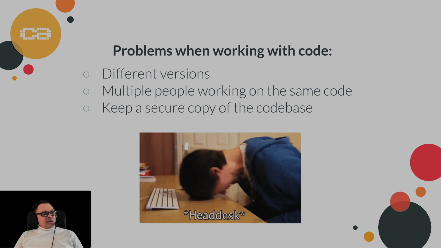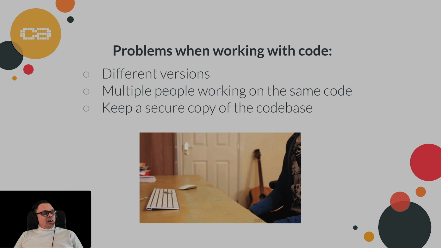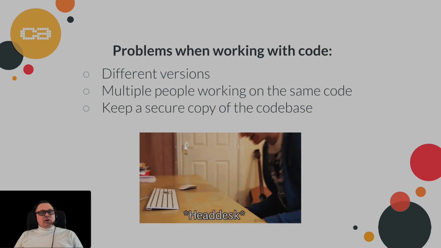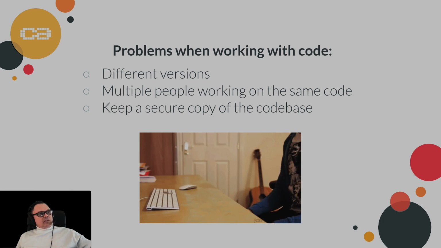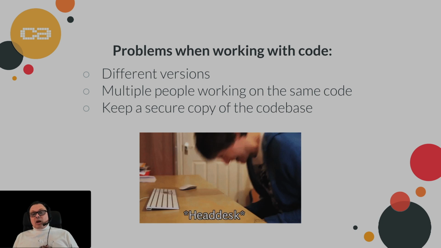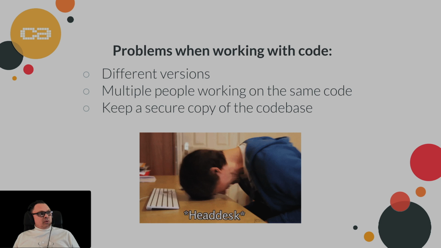Apart from banging your head against the desk, which I think we've all had an urge to do at some point in life, there are certain problems that might occur when you work on a piece of software in a collaborative setting, meaning that you are not alone working on it, but rather together with some other people.